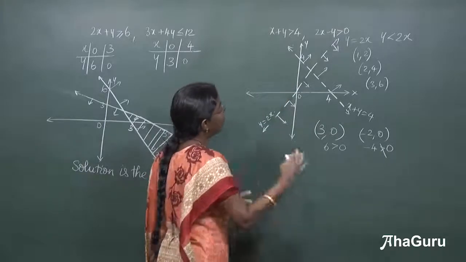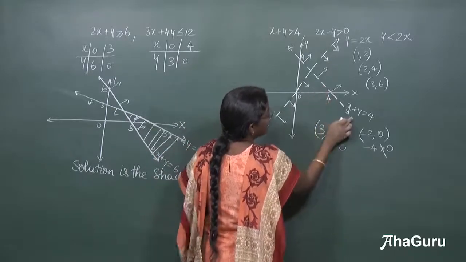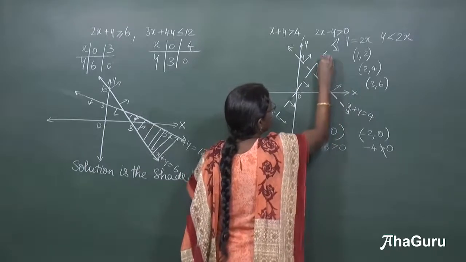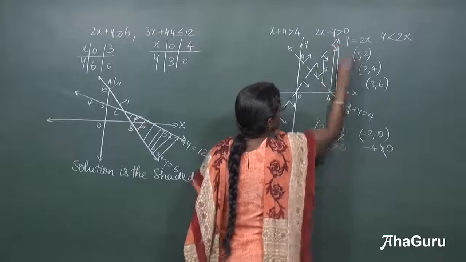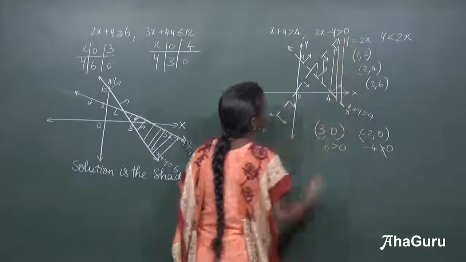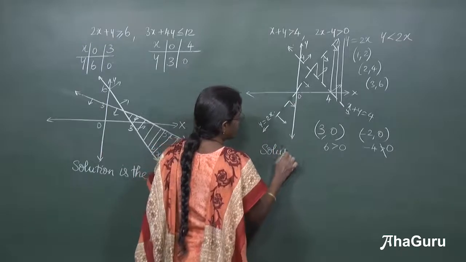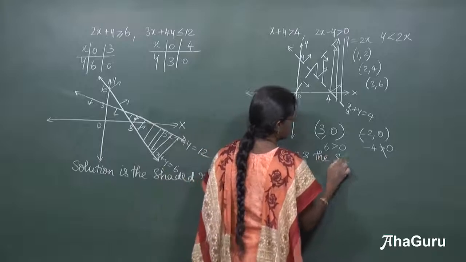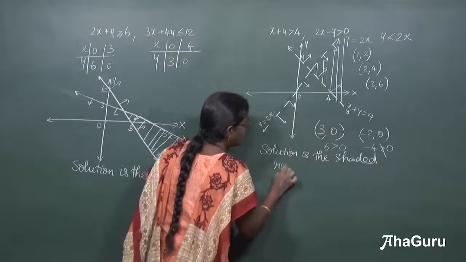Now if you find out what is common for both of them, for the line x plus y equal to 4, it is inside, for here it is inside, so the common region is going to be this. Please take a proper scale and then do it. Okay? So you will write here, the solution is the shaded region in the graph.